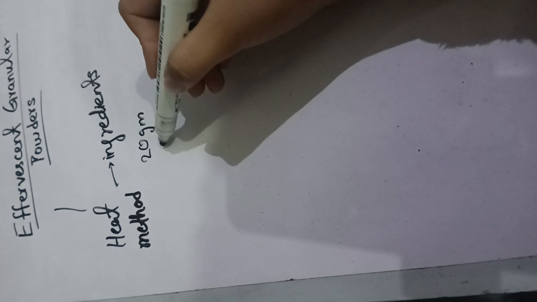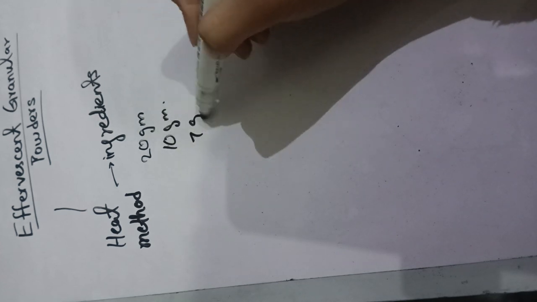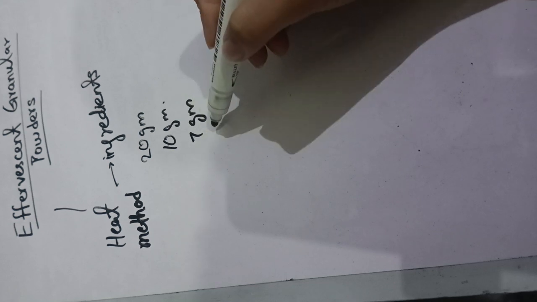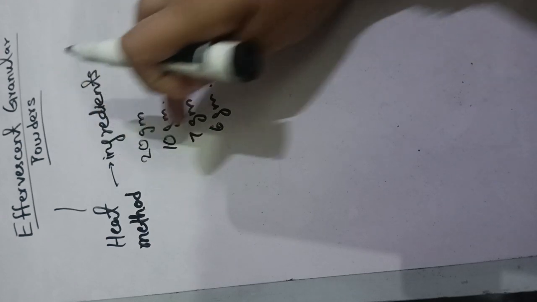You will take 20 grams of sodium bicarbonate, 10 grams of tartaric acid, 7 grams of citric acid, and then lastly you will add sugar powder, which is 6 grams. So now there is a decreasing amount. Okay, you will add them, and after that you will dry mix them. So you will mix all of these compounds, and then you will add them into a hot porcelain dish.